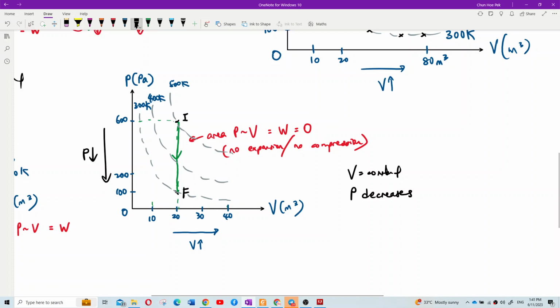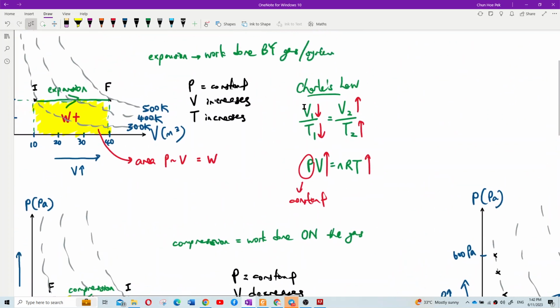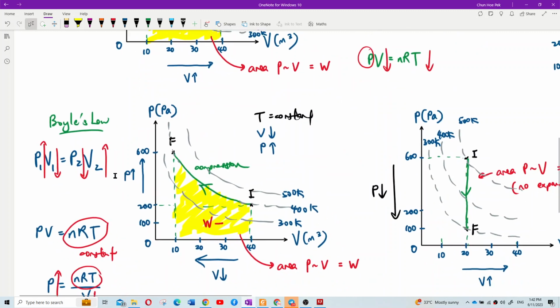Make sense of what you learn. Temperature decreases. So what law is this, class? This is Gay-Lussac's law, or pressure law, when volume is constant. Remember the equations you learned? You learned Charles's law, V1 over T1. You learned Boyle's law, PV.